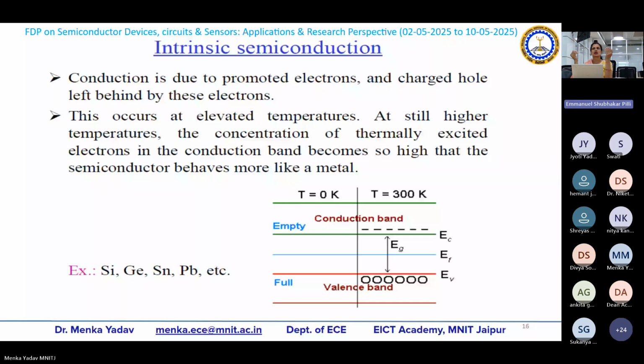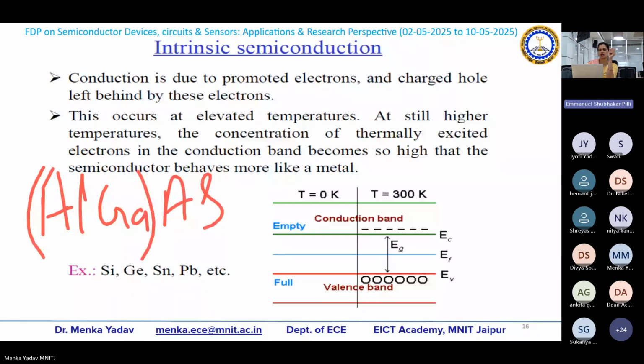Likewise, there is aluminium gallium arsenide. So these types of compound semiconductors are available, depending on what type of band gap we want, and depending on that, how much quantity you have to prepare. For example, aluminium gallium arsenide: aluminium and gallium both have valency 3, that is, 3 electrons in the outermost shell, while arsenic has 5 electrons in the outermost shell.